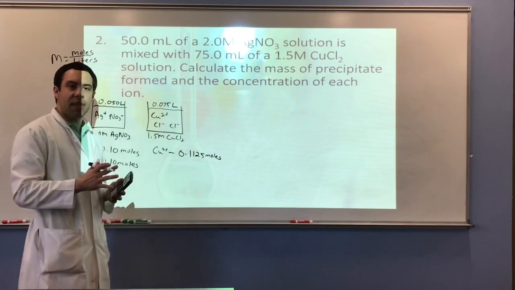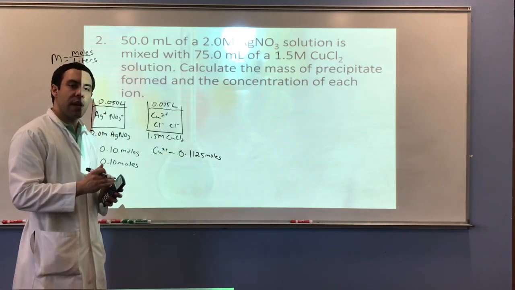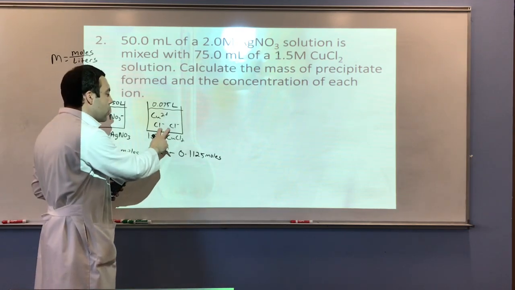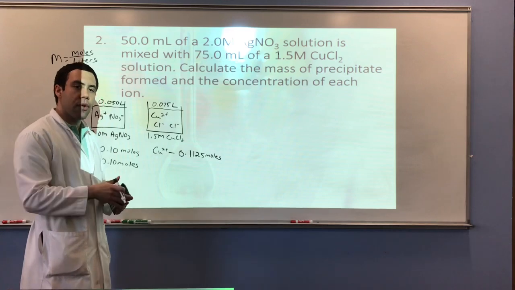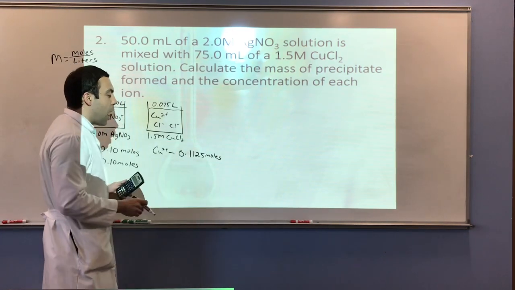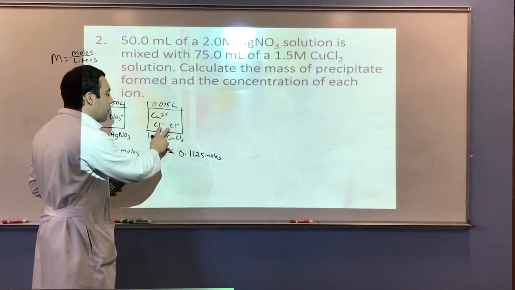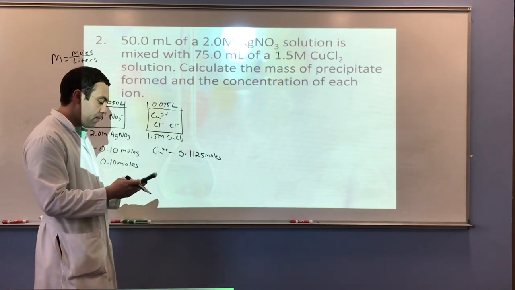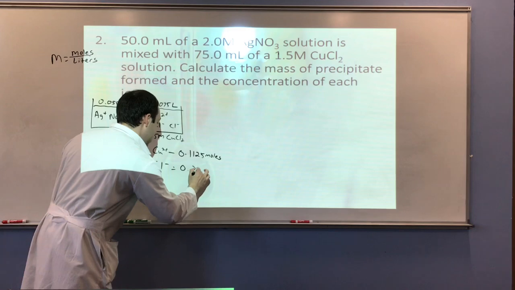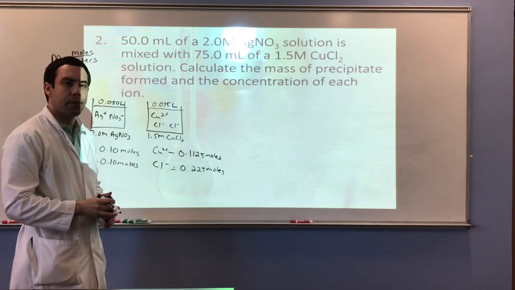We do the same thing for chlorine, but once again, when CuCl2 dissociates into ions, you get 2 chlorines for every 1 mole of copper chloride. So when we get this 0.1125 moles number, we have to double it to account for the 2 chlorines. So for Cl minus, we have 0.225 moles of Cl minus.